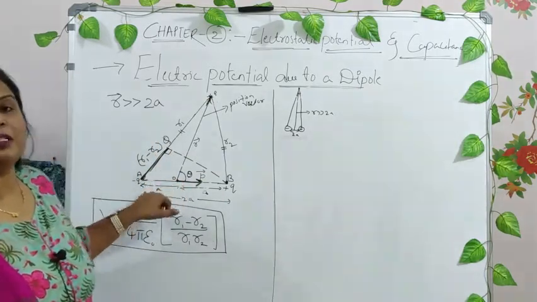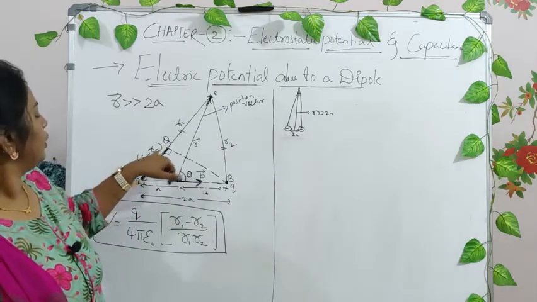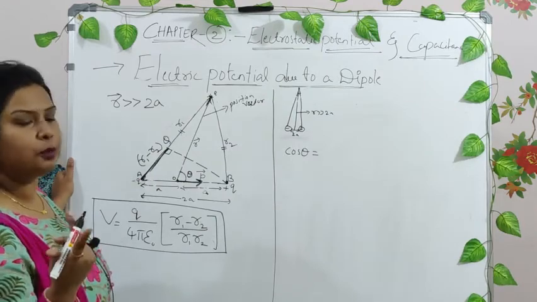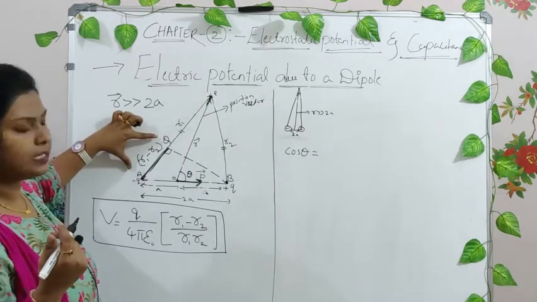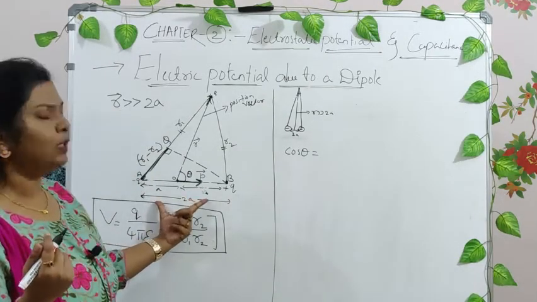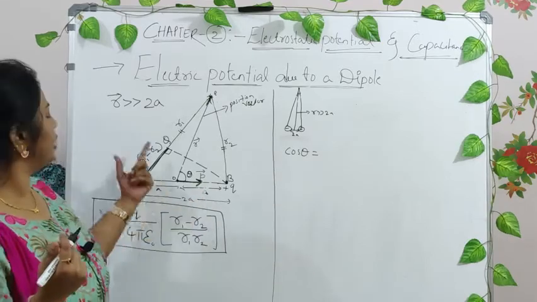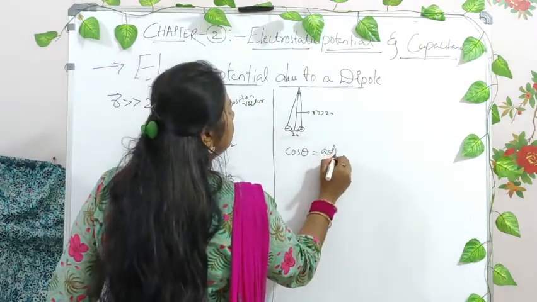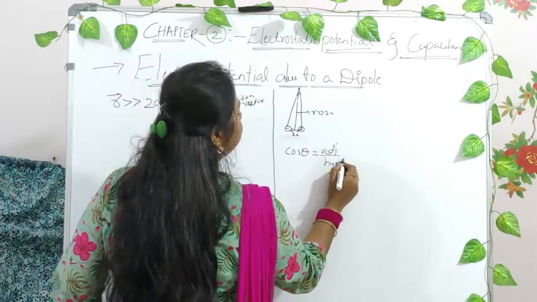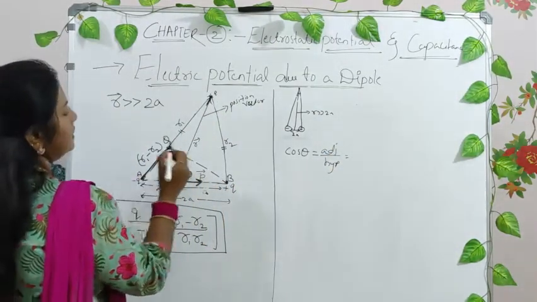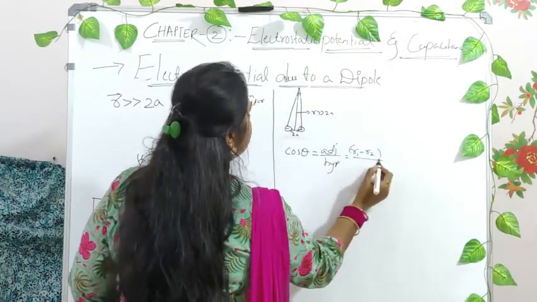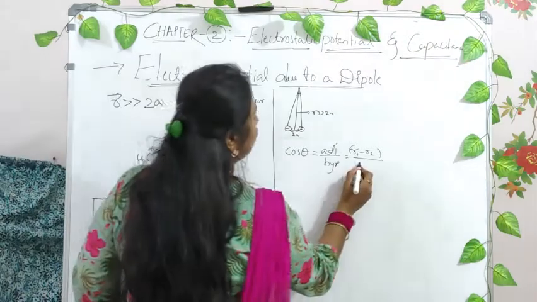Now you find the cos theta for the triangle QAB. Cos theta can be represented in two forms. We know this distance R1 minus R2, and we also know this distance 2A. We can represent cos theta as adjacent divided by hypotenuse. Adjacent is R1 minus R2, and the hypotenuse is 2A.